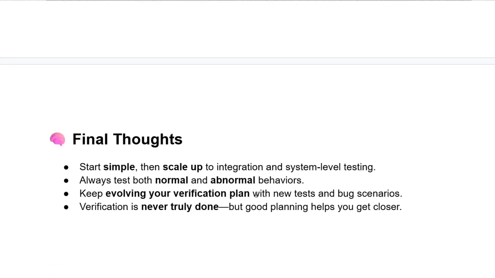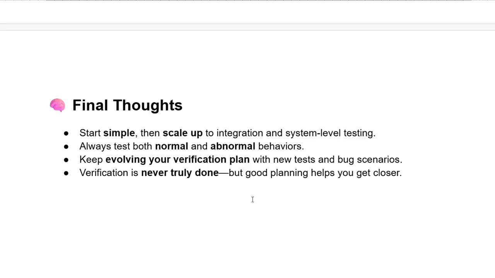Final thoughts of this discussion. Start simple, then scale up to integration and system level testing. Always test both normal and abnormal behavior.